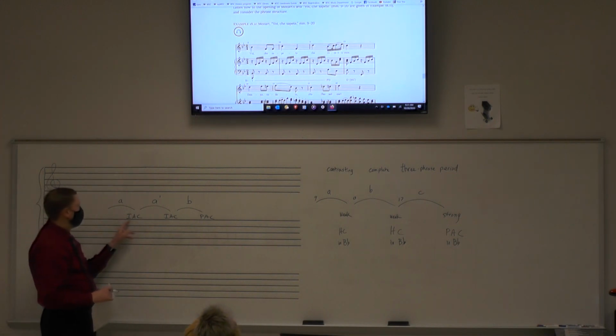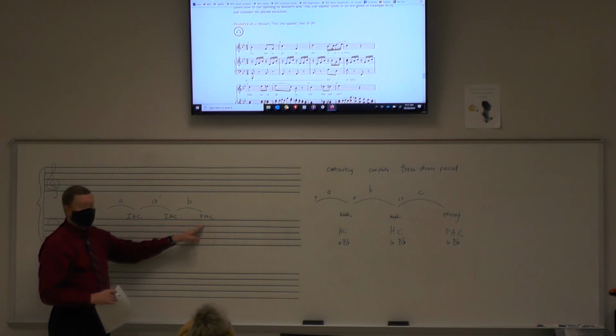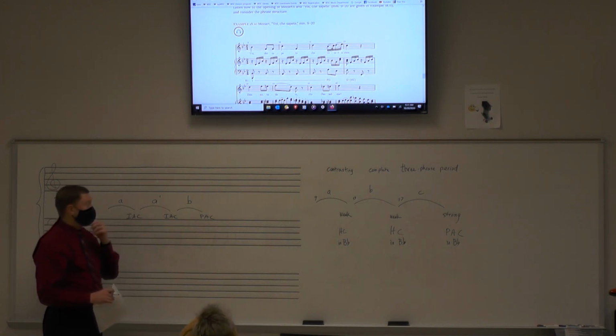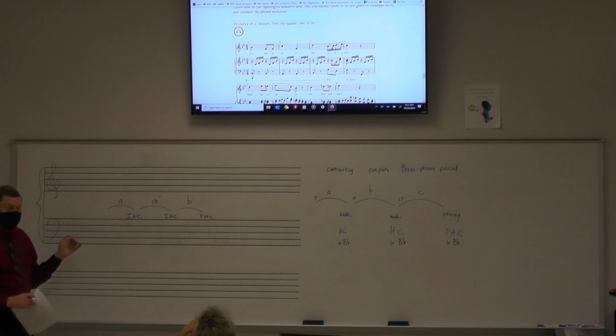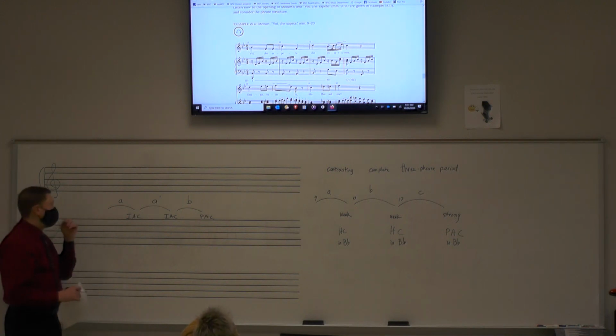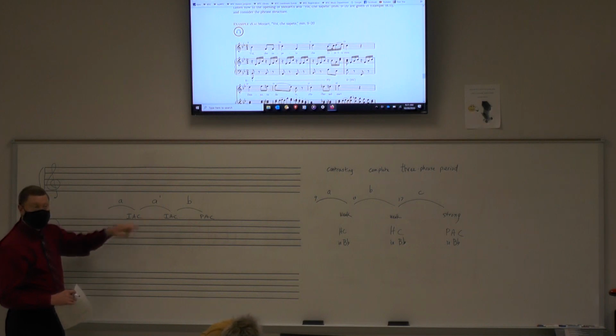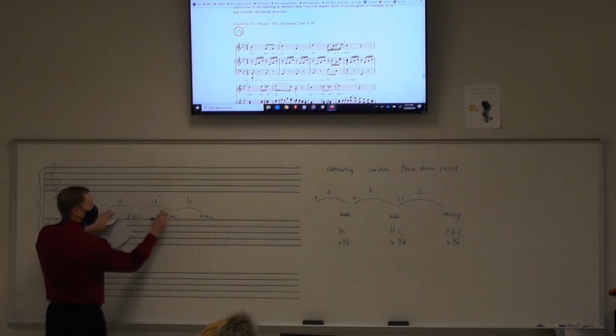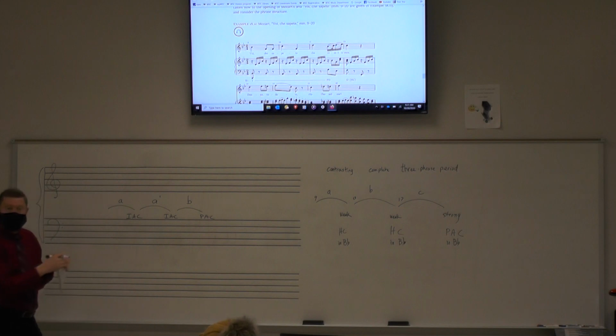I definitely have weak, strong cadence, which leads us to believe that this could be analyzed as a 3-phrase period. However, take a look at the phrase labels. Because they're not all different, do you see how we might be able to say that this is just a regular period A to B with a repeated antecedent phrase, or repeated question phrase.